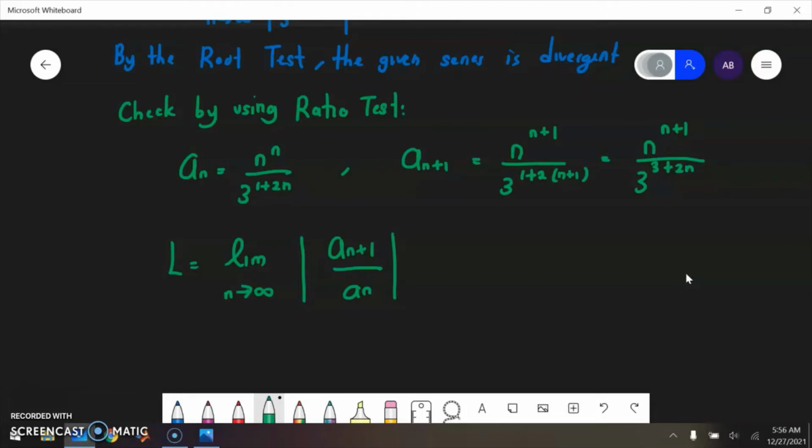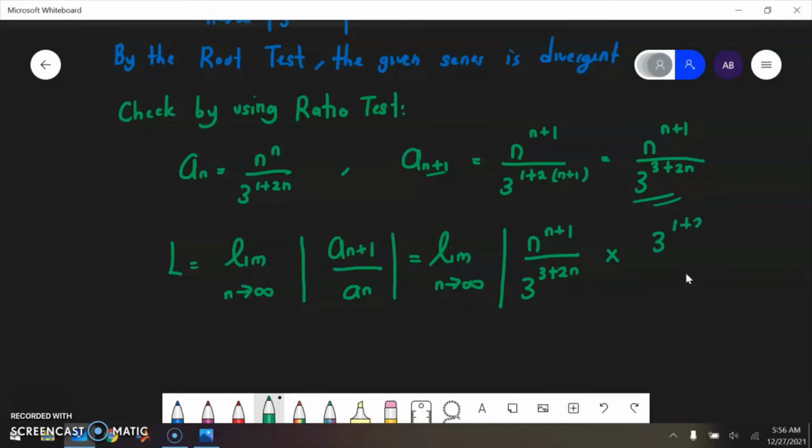Let's do this. So we have the limit as n approaches infinity, absolute value of my a_(n+1), (n+1) to the power of n+1 over 3 to the power of 3 plus 2n. Now, dividing by a_n here means swapping my denominator with my numerator.